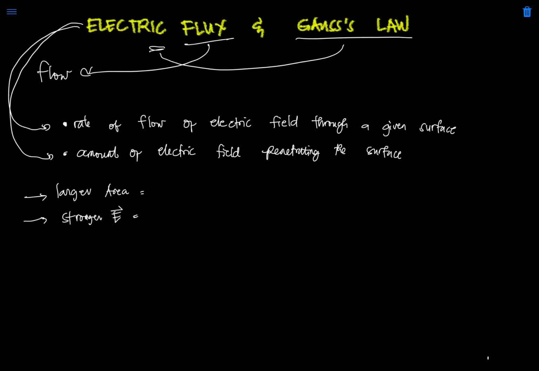This means that the larger the area, the more electric field lines pass through it. And the stronger the electric field, the greater the electric flux. Electric flux is denoted by the symbol phi with a subscript E. This means that electric flux is directly proportional to the electric field and to the area of the surface.